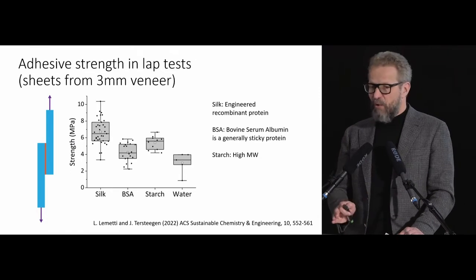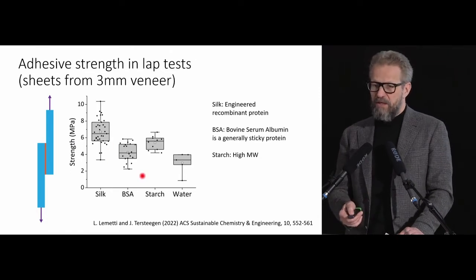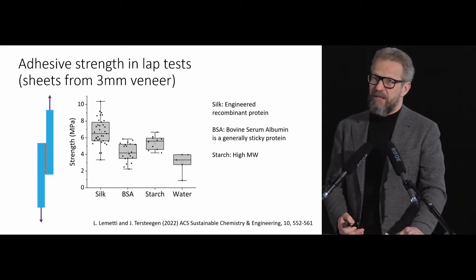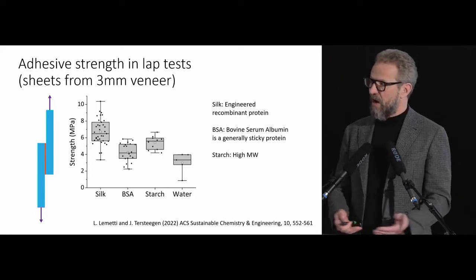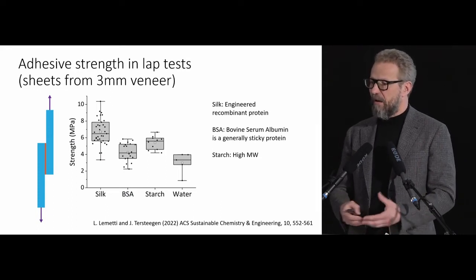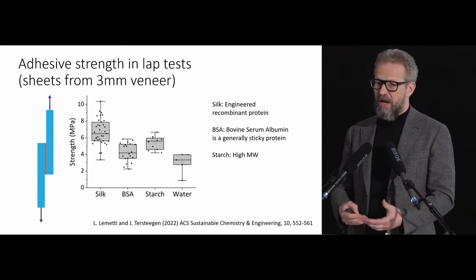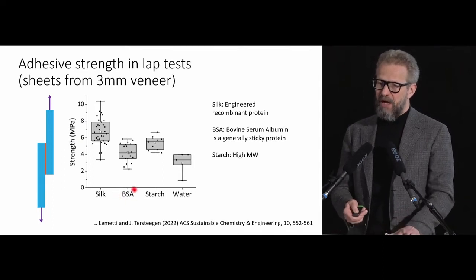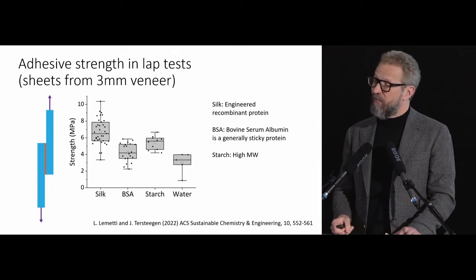As a reference, one reference we used is starch, which is also what they've been doing in Ingo Burgert's lab, using starch as an adhesive for this system. It is of course a large polymer and quite a stiff polymer. Another reference we used is bovine serum albumin.